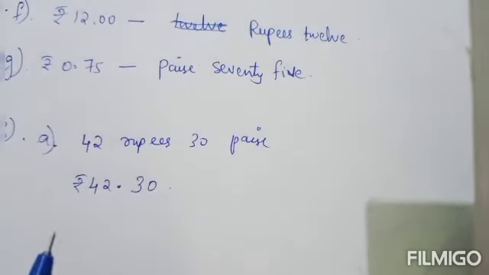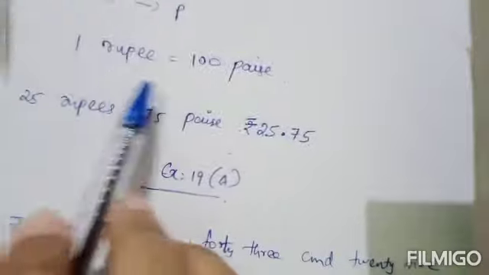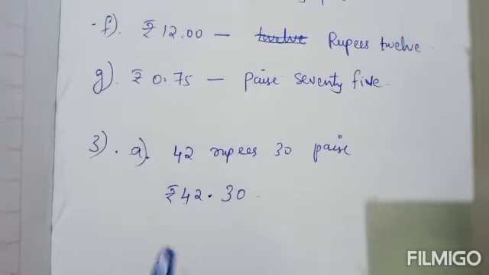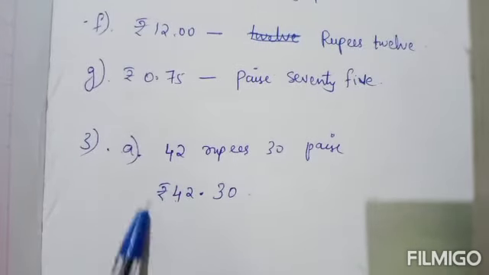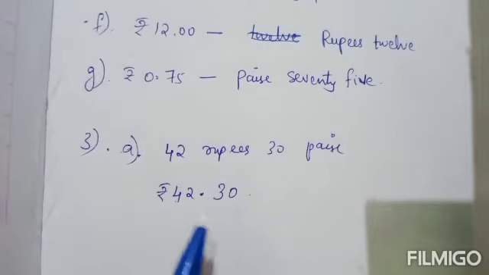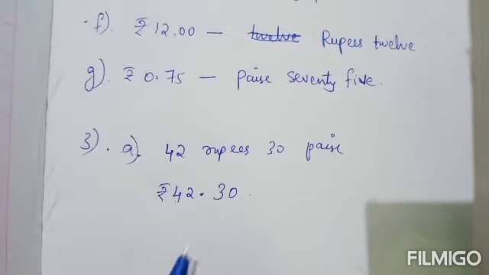Now in order to convert rupees to paise, what to do? We know the relation 1 rupee equals 100 paise. So rupees 42.30 is how many paise? Just multiply the given rupees by 100.